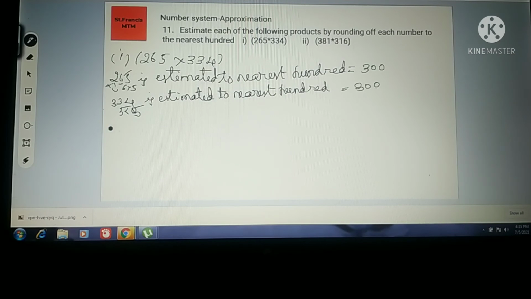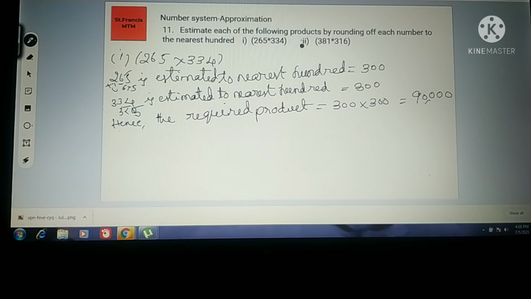Okay. Now the product. Hence the required product is equal to 300 into 300. What you get here? 90,000.